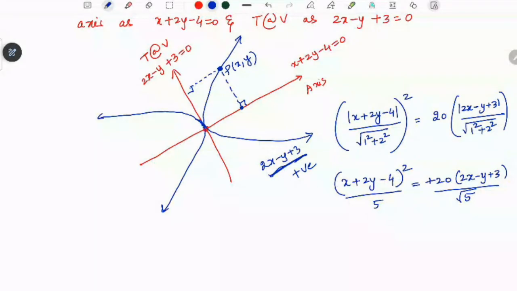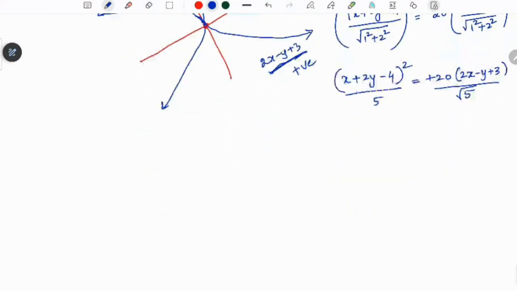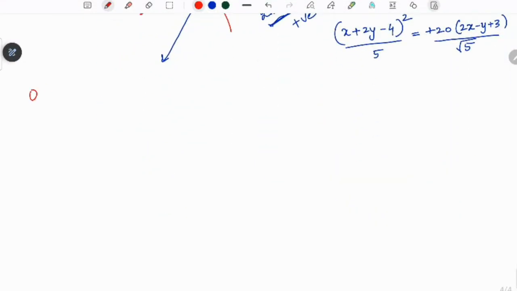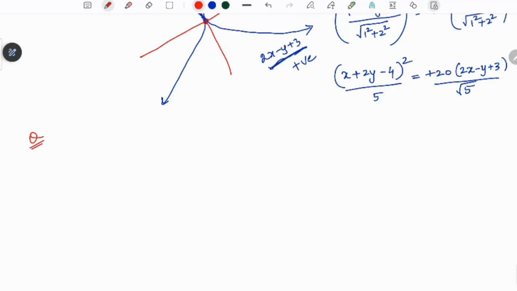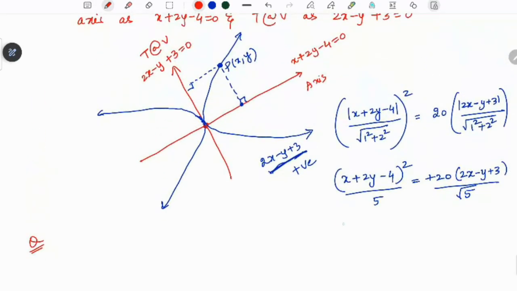Okay. Now one question I will give. Let's see. See, finally, what equation did I get in the previous question? Let's observe a little bit. x plus 2y minus 4 whole square is equal to plus or minus 100 by root 5 into 2x minus y plus 3.